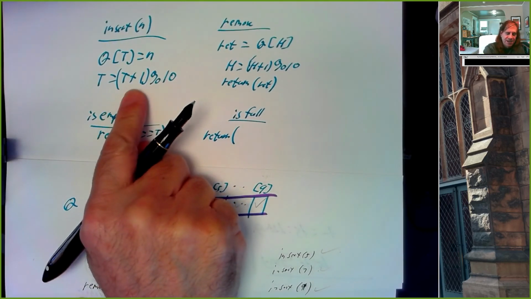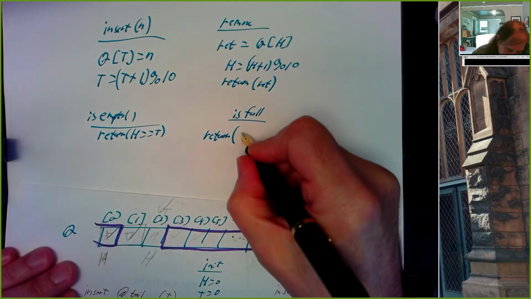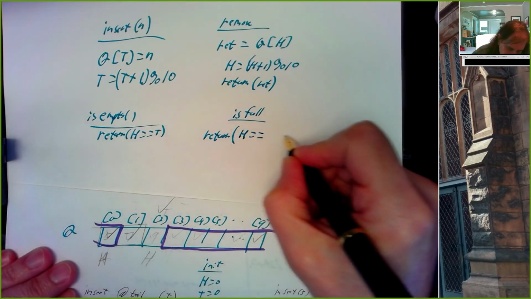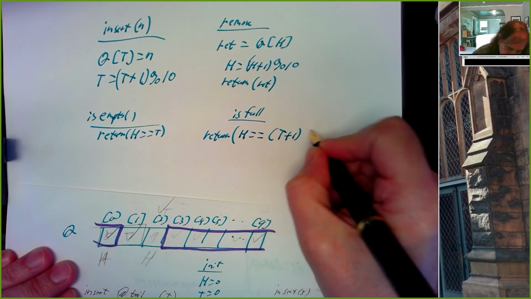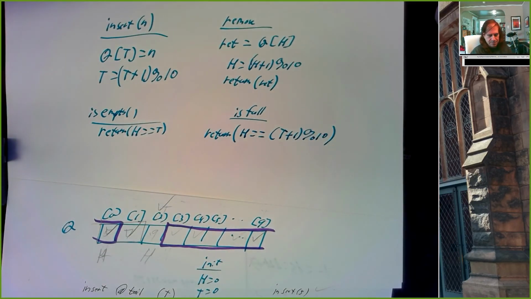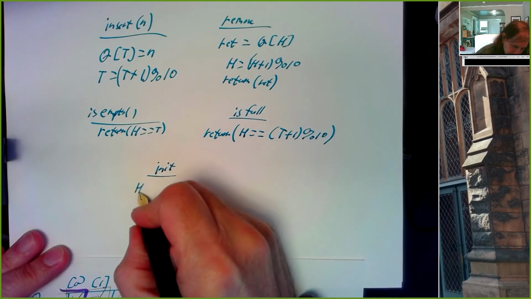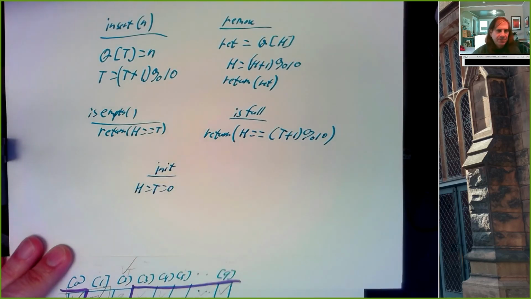In other words, if adding 1 to t will make it equal to the head. So we can return whether the head is equal to (tail + 1) modulo 10. And init, just set everything to 0.